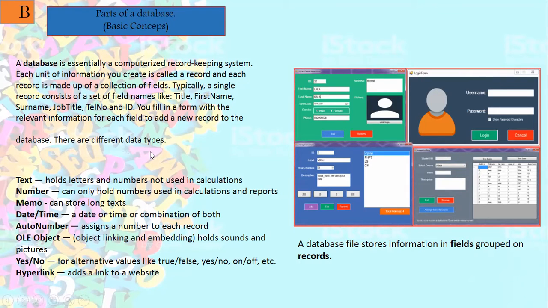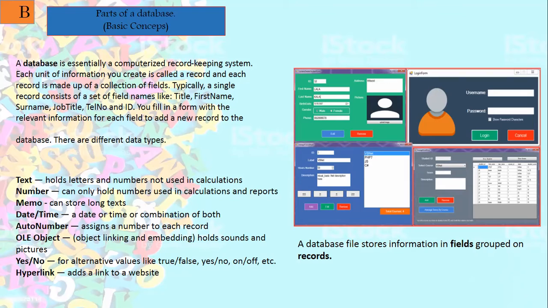There are different data types. Text holds letters and numbers, and is of no use in calculation. Number can only hold numbers used in calculation and reports. Memo can store long text. Date and time is a date or time or a combination of both.